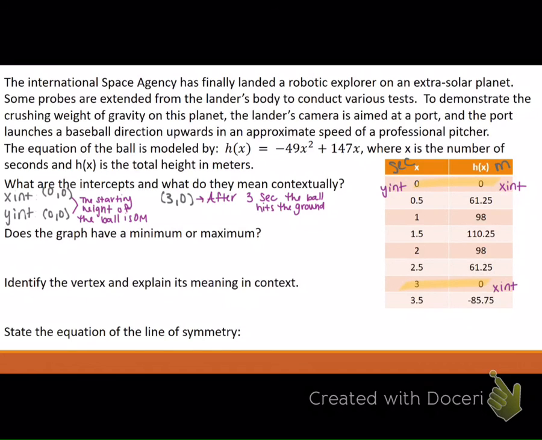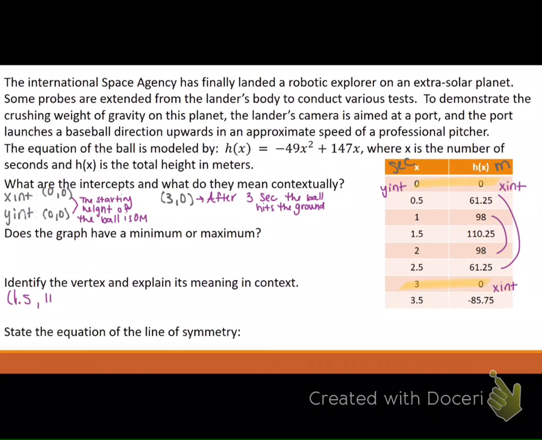Okay, so this then asks you, is this a max or a min? Well, just think about what's happening. It's being launched upwards and then coming down. So that is definitely a max. But we can also look for our vertex in this problem. So before I answer the max or min question, where is my vertex at, Riley? 1.5. So it's at 1.5, comma 110.25.